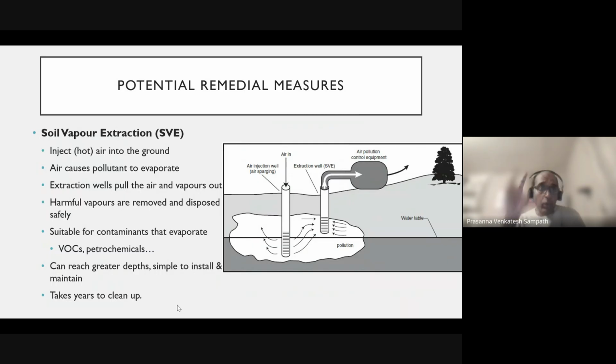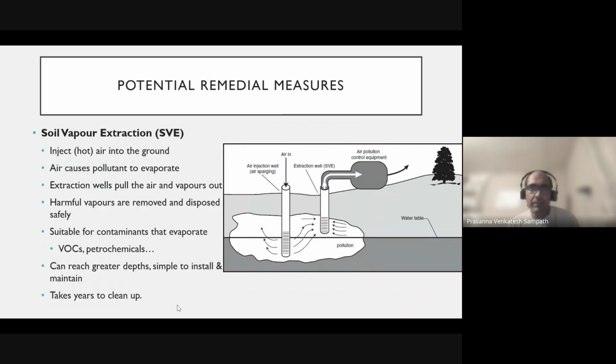I inject hot air into the ground. When this hot air comes in contact with the pollutant, it causes the pollutant to evaporate. And then when it evaporates, I have an extraction well that will just pull out those vapors. So it's called soil vapor extraction. The name itself is fairly indicative of what is going on.